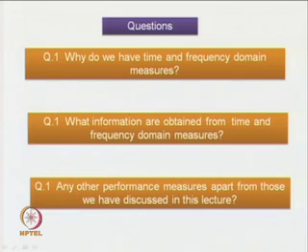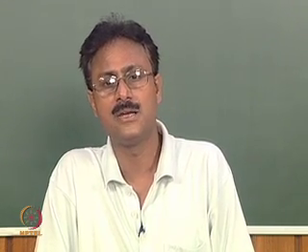When the question is whether there are any other performance measures apart from those we have discussed in this lecture, yes, we have certain other performance measures known as resonant peak frequency, resonant peak magnitude, bandwidth, to name a few. That is all in this lecture.